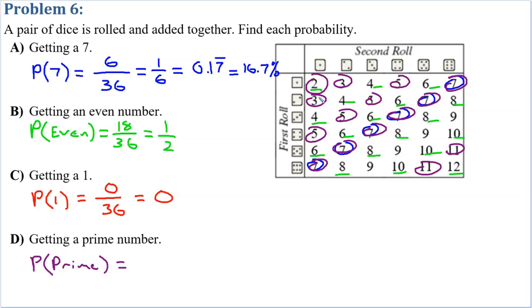So we have 1, 2, 3, 4, 5, 6, 7, 8, 9, 10, 11, 12, 13, 14, 15. 15 out of 36. Divide both by 3, that'd give me 5 out of 12. So we'd say 5/12 of the time we'll get a prime.